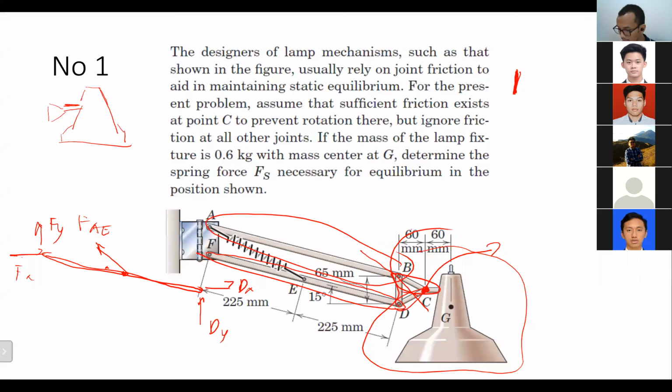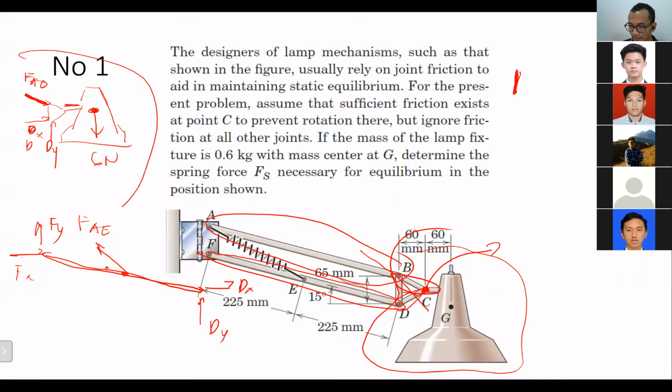Okay, something like that. We have G here, right? We have G there, 6 Newton. And what else? We have Dx and Dy here, Dx, Dy there, and we say that I have AB.